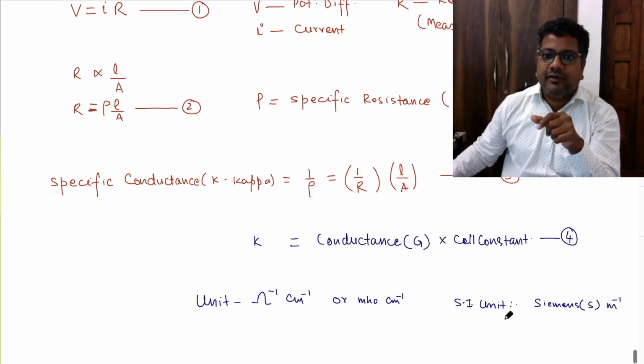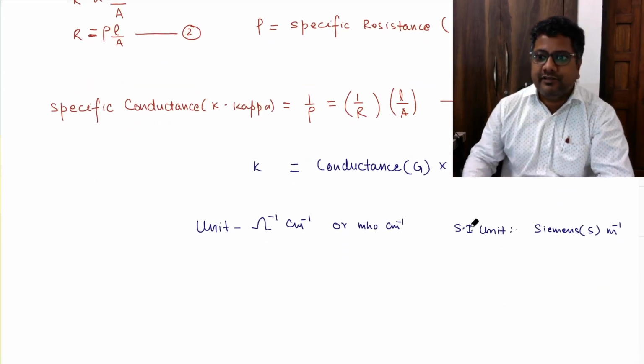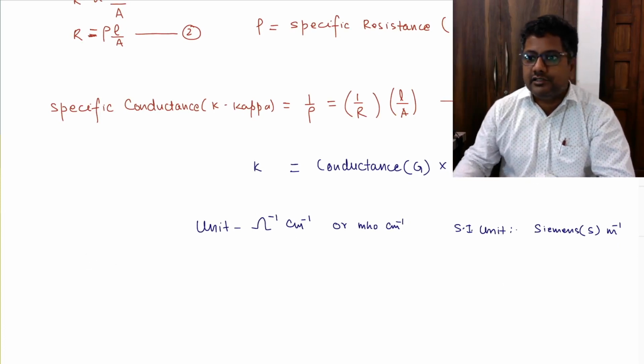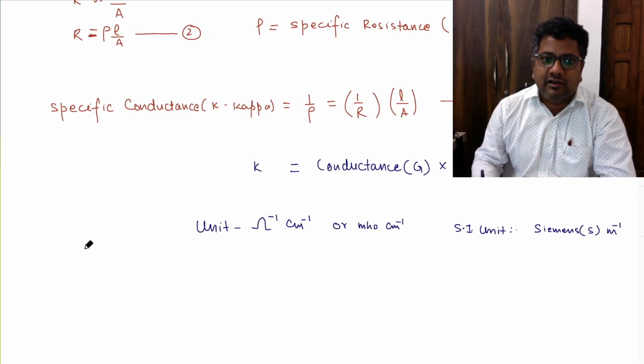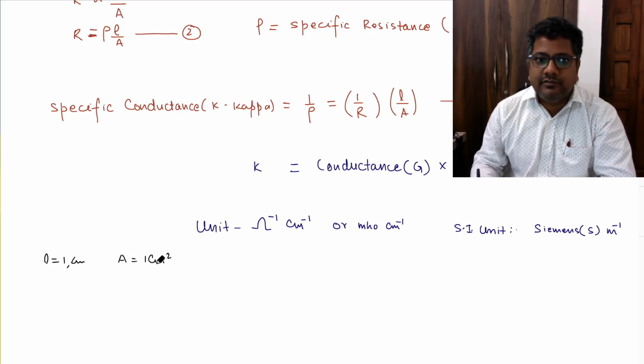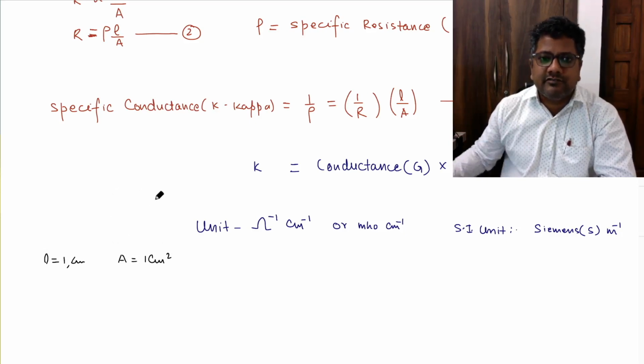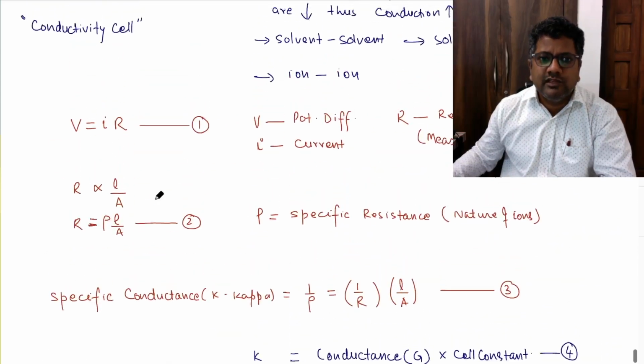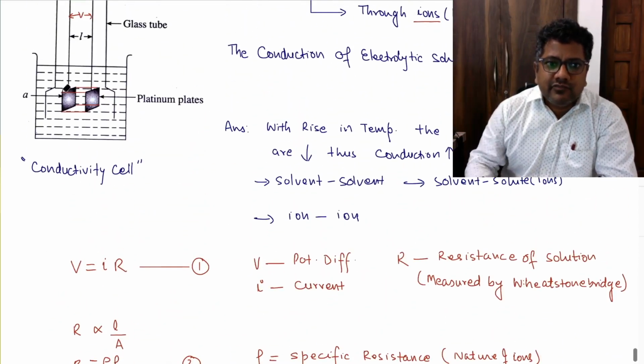So how to define this specific conductance? The definition is very important as well. If you take L equal to 1 centimeter and A equal to 1 centimeter square, it becomes a volume of 1 centimeter cube. This is 1 centimeter, this is 1 centimeter, and this is 1 centimeter.